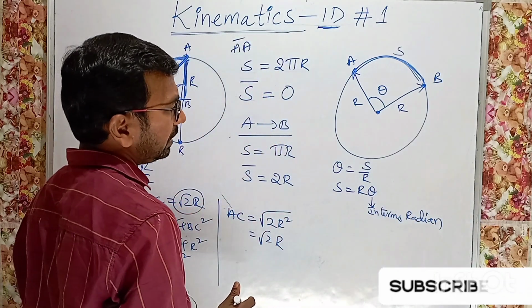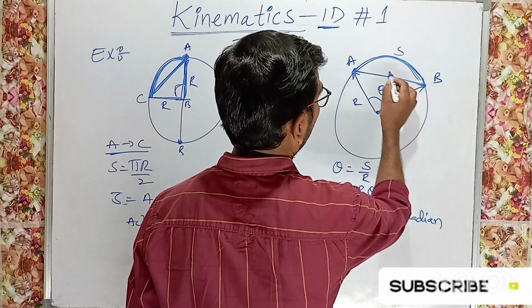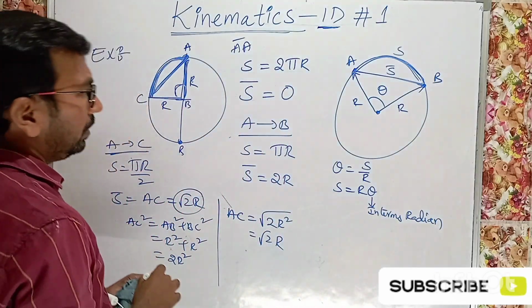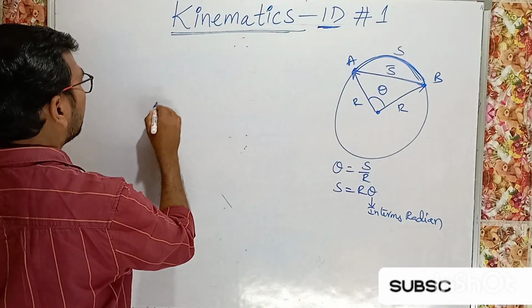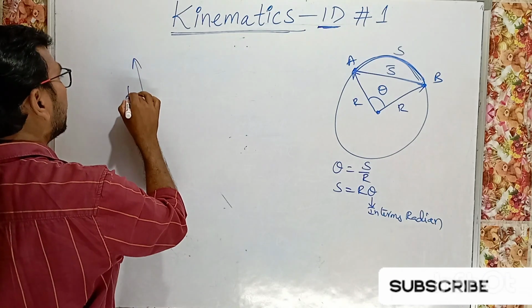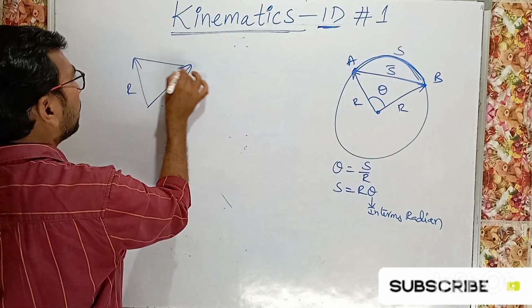So what about displacement? Displacement means the shortest path. This is the shortest path, S bar. So you can find out S bar. This is vector r and this is another vector r, and this is the displacement.